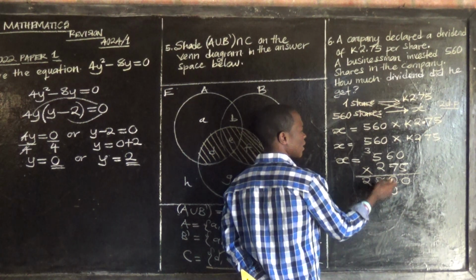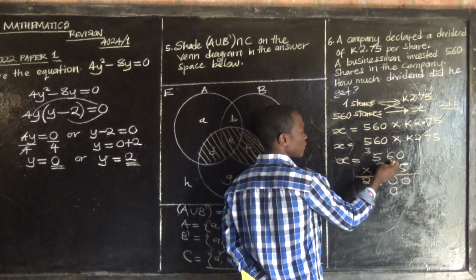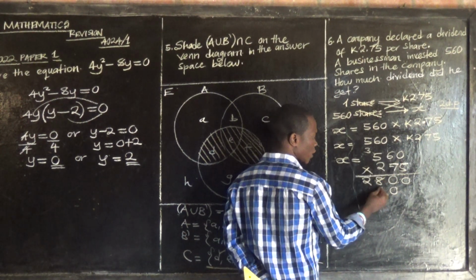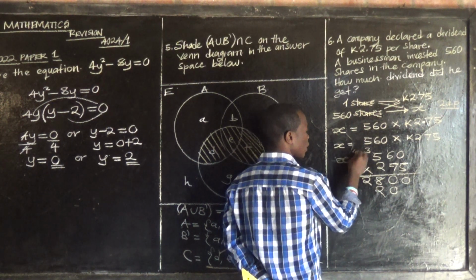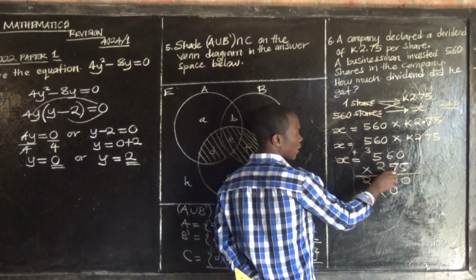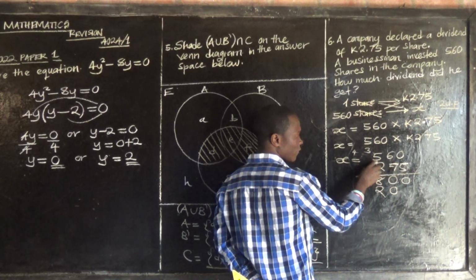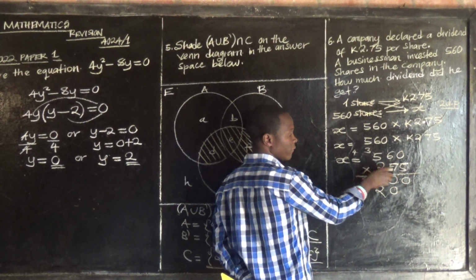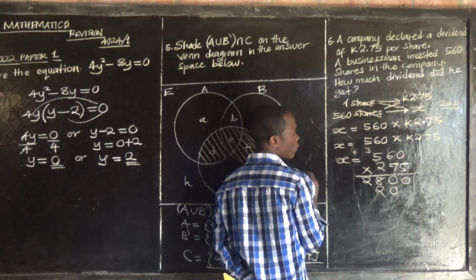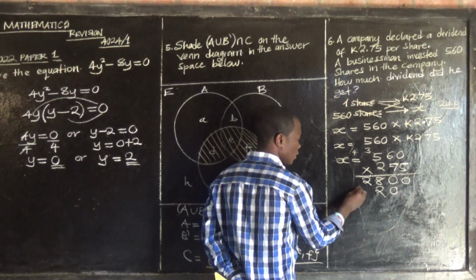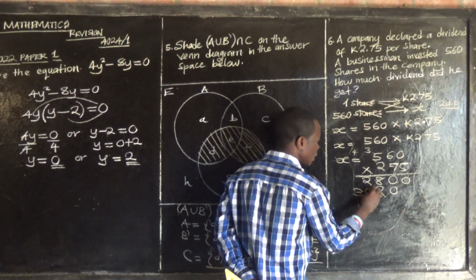Then what is 7 times 6? You get 42. So we're going to write 2, carry forward 4. Then 7 times 5 is 35. What is 35 plus 4? You get 39.